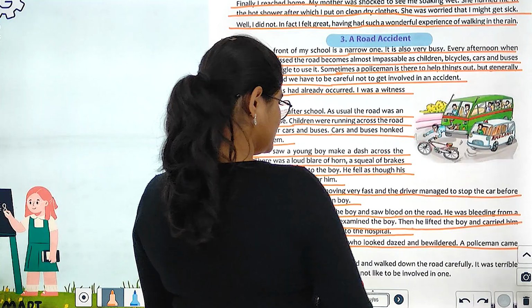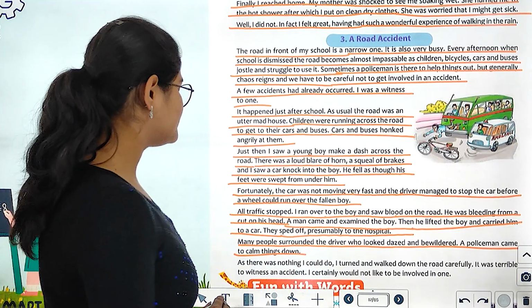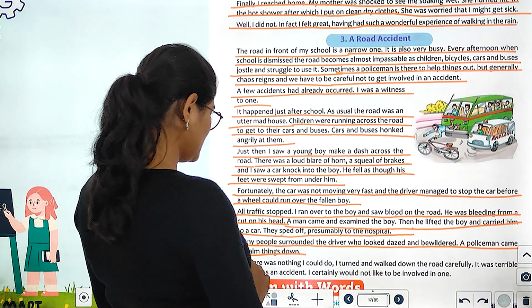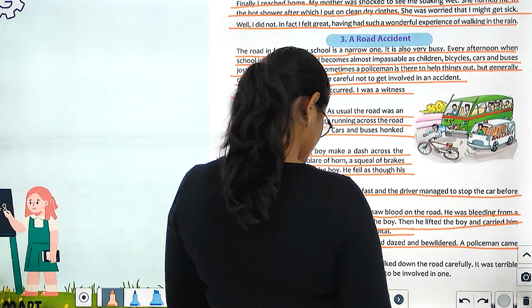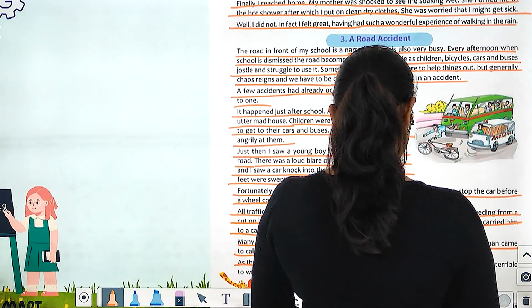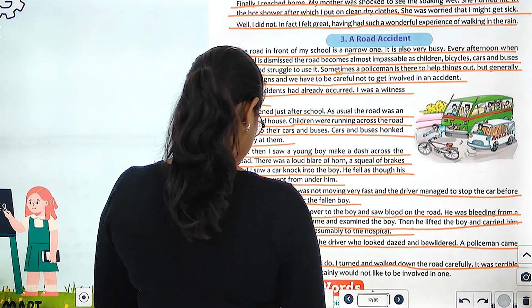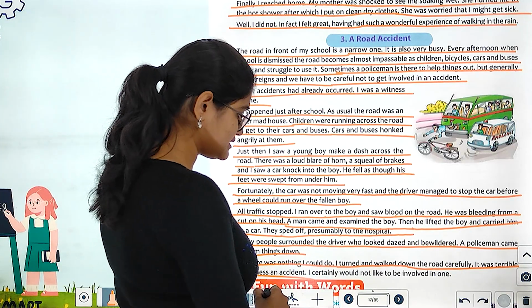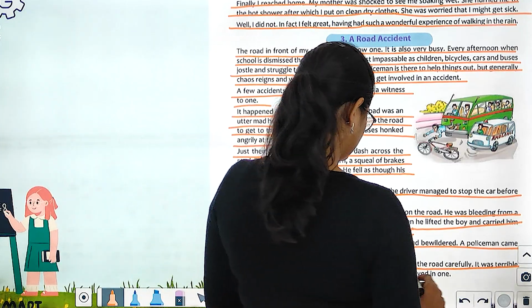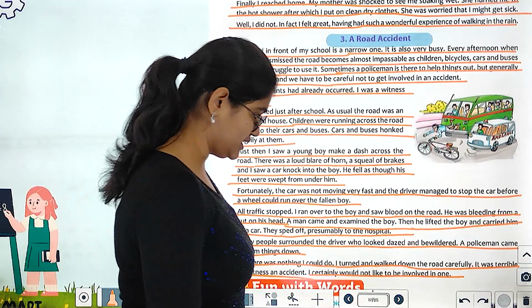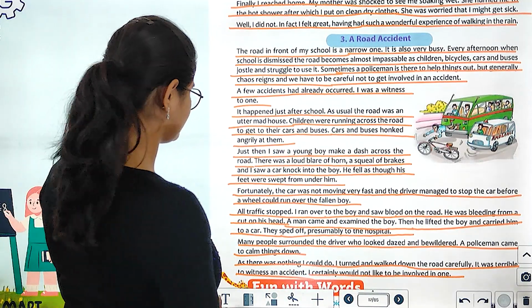A policeman came to calm things down. As there was nothing I could do, I turned and walked down the road carefully. It was terrible to witness an accident. I certainly would not like to be involved in one, right?